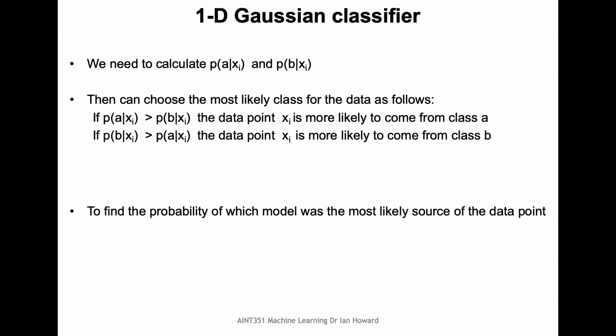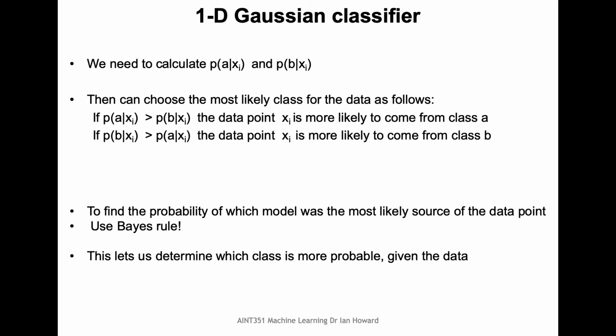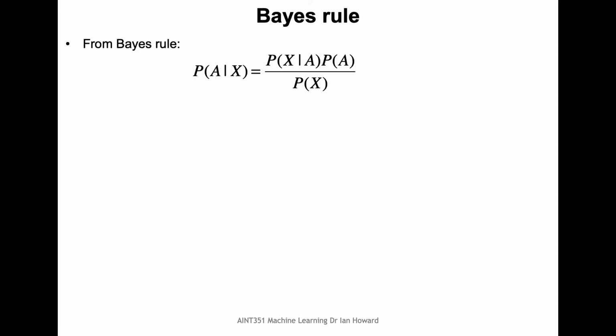So what we need to find is this conditional probability of class given the data, and the way we can attack this is to start by using a model. In this case we're going to use a Gaussian model of the data, and we're going to use Bayes' rule to get the conditional probability that we need. So let's think about Bayes' rule again.